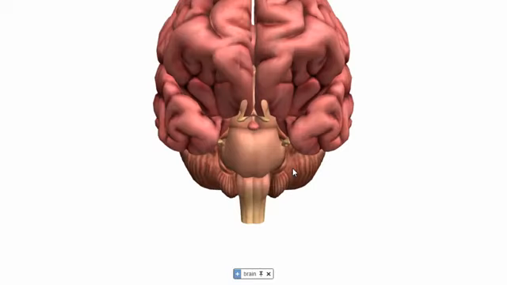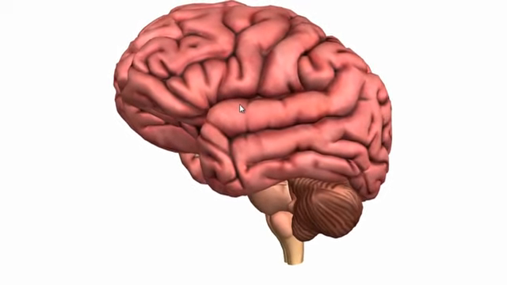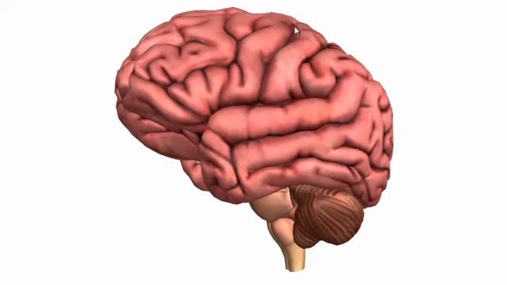Just looking at the outside of this cerebral hemisphere, you can see that there's these grooves and ridges. The ridges are called gyri, and the grooves are called sulci. And you've got lots of these different grooves and ridges, as you can see, and they all have different names. But 2 important ones to remember are the central sulcus, which I'm showing you here with the arrow, and the lateral sulcus.